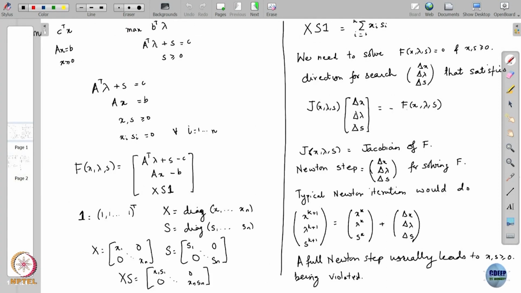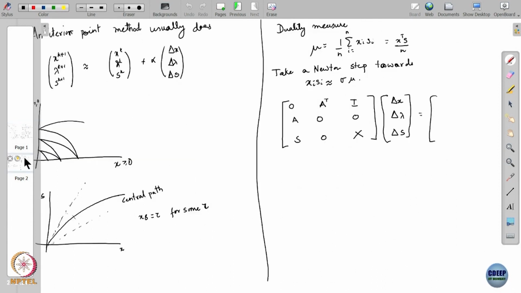Remember, the right hand side was minus f, so this is now equal to minus r c, minus r b, and minus XS1 plus sigma mu times 1.